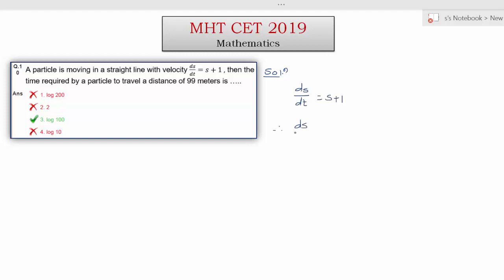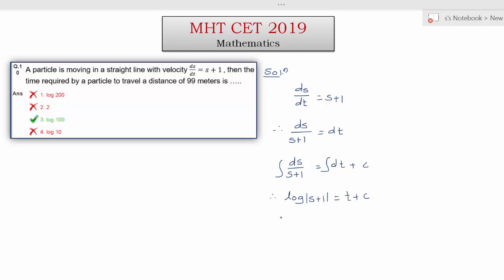That means ds upon s plus 1 is equal to dt. Right? Now, integrating both sides, we get the integral of ds upon s plus 1 is the integral of dt plus c. This gives log of mod of s plus 1 is equal to t plus c.